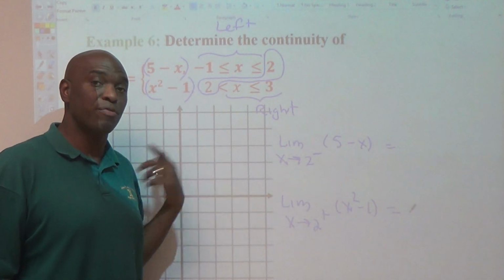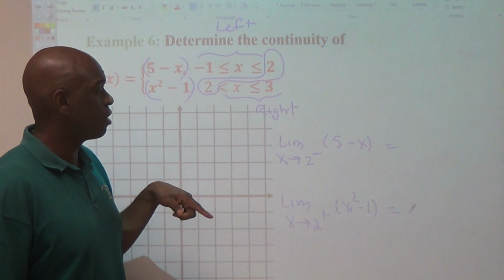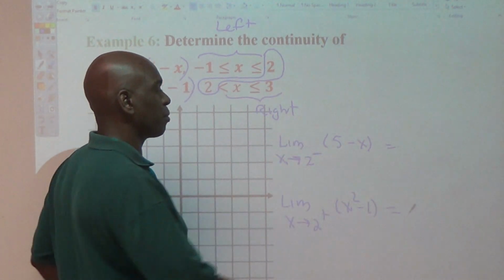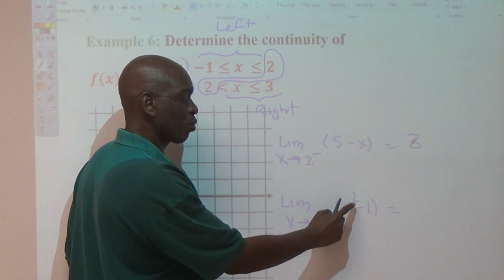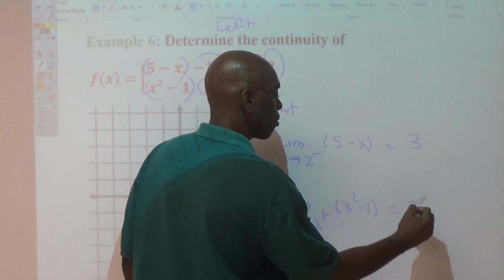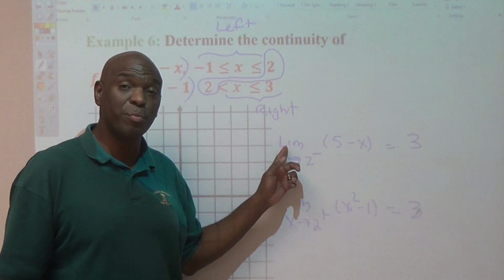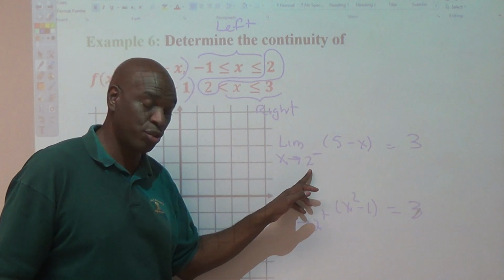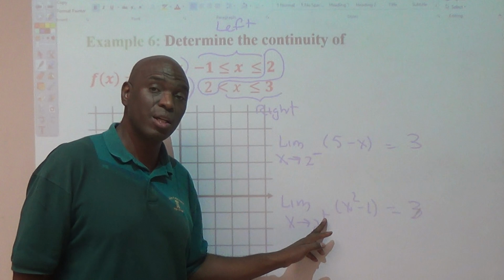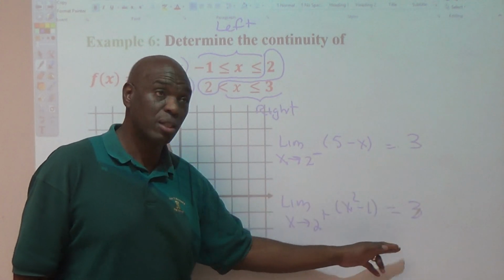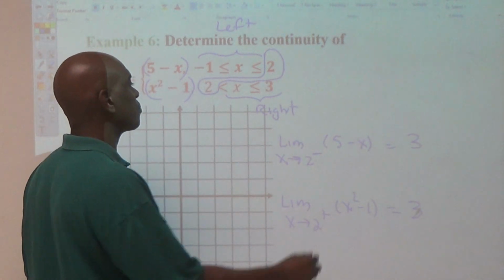Look at both sides of 2 as we evaluate the function f of x. So plug in 2 for x right here, what do we get? 3. Plug in 2 for x right here, what do we get? 2 squared is 4, 4 minus 1 is 3. Notice, the limit from the left of 2 is equal to the limit from the right of 2. They both equal 3. Therefore, the function is continuous.